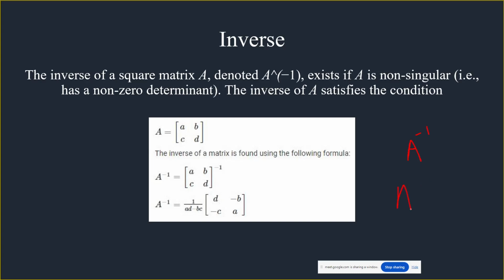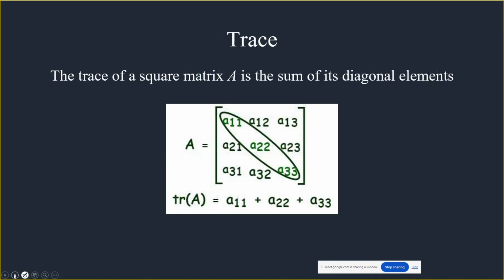If the determinant of A is not equal to 0, then you can find its inverse. If the determinant of A comes to 0, you can't find the inverse of that matrix. Then if we go to our next slide, here we have trace.